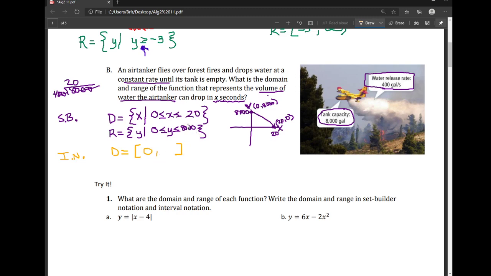My largest x value we said was at 20, and there's that notation. My range then, again, is going to be bracketed, right? Because I can have maximum tank capacity, or I could have 0 tank capacity. And we said that our range goes from 0 to 8,000. So it's a little cleaner in that interval notation.